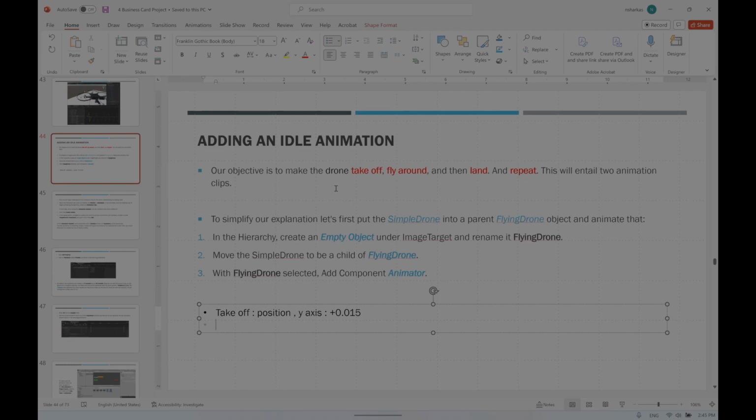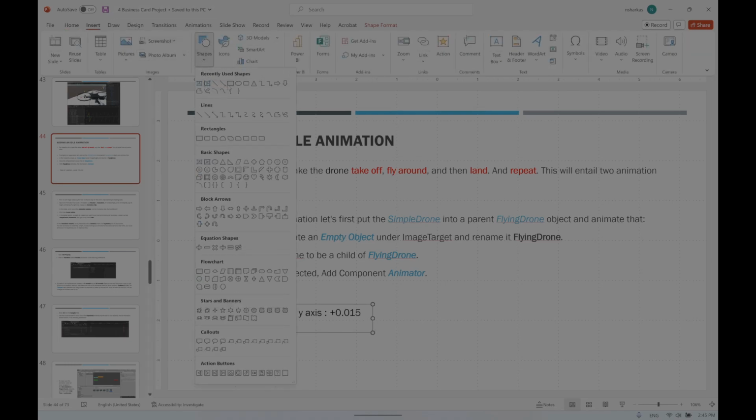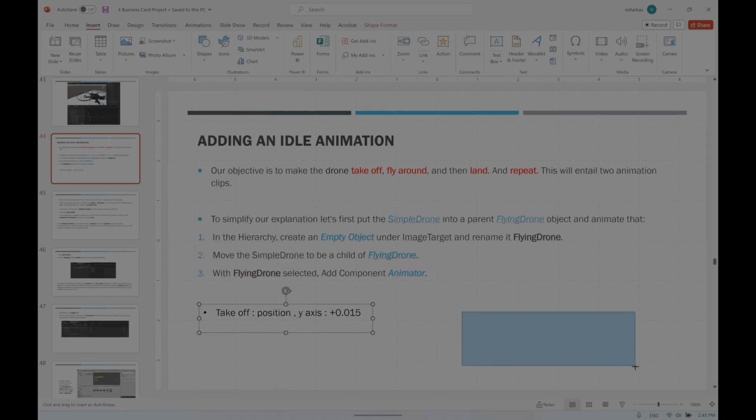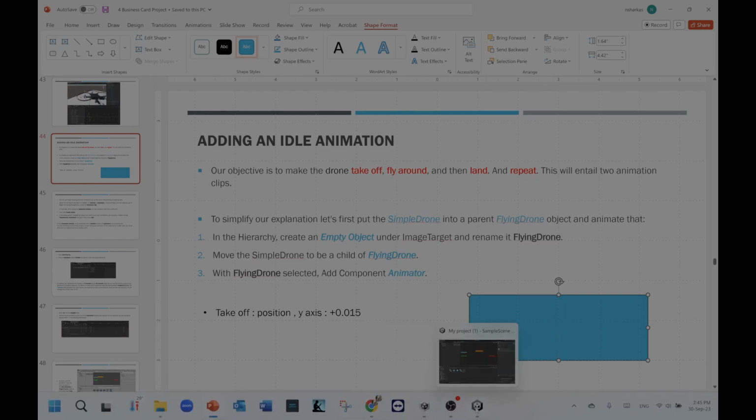Fly around means, let's imagine the object, and let me add here the same shape of our business card object. So if this is the business card, this business card is 0.09 meters in width, but I don't remember how much in width. 0.09. So you are right now as a drone. Where are you right now?